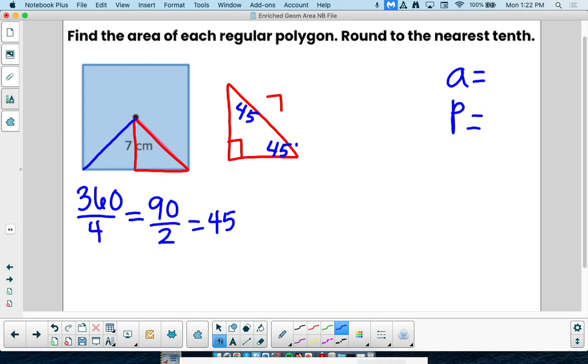Yeah, so how do you undo times root 2? Divide by root 2. Right. So 7 divided by root 2 is what approximately? 4.9. So both of your legs are 4.9.